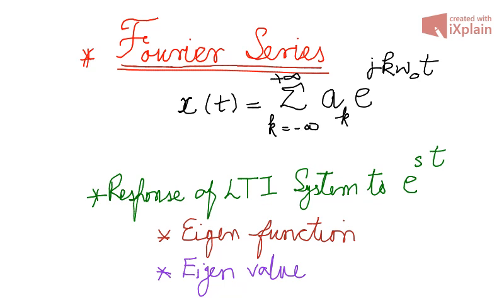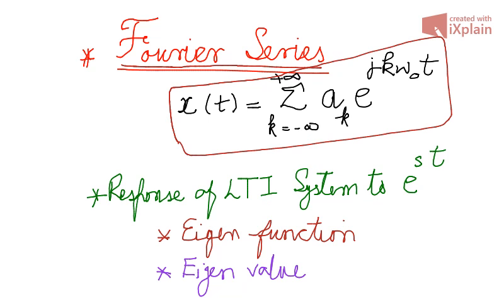As you can see in this equation, a continuous time signal x of t is written as the summation of complex exponentials.